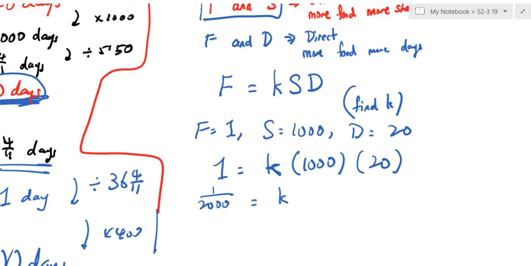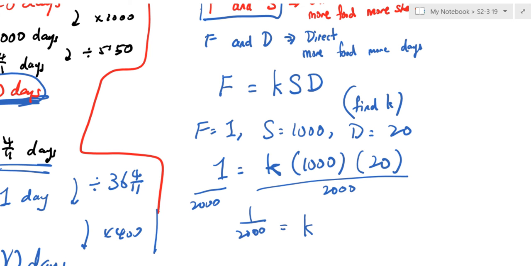Is that okay? Everyone follow? Everyone agree? Why the 2000 below? Because I want to find K. So this side divided by 2000, this side divided by 2000, K equals 1 over 2000.